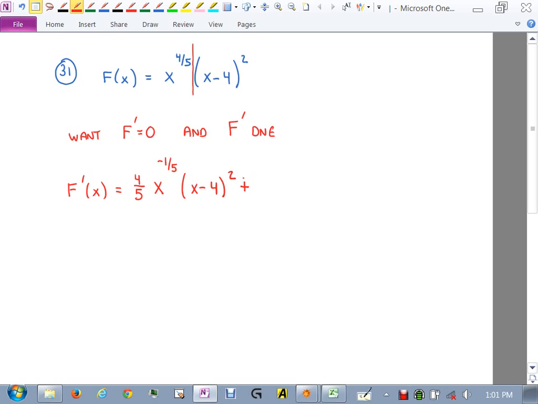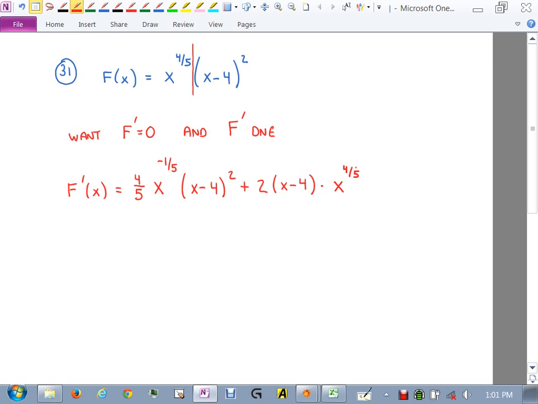Plus, now the derivative of the second function, which is going to be a chain rule, because you have the squared on this binomial. So the 2 comes out first. (x minus 4) to the first power, which I won't write the power, times the derivative of what's inside. What's the derivative of what's inside? 1. And then times the first function, 4/5.